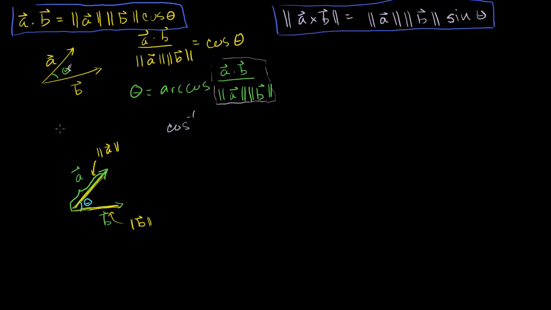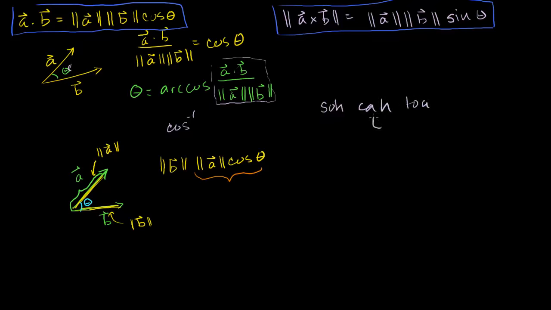Let me write it as the length of b, times the length of a, and I don't want to put the dot there, because you'll think it's a dot product, times the cosine of theta. All I did is rearrange this thing here. It's the same thing as a dot b. Well, what is a times the cosine of theta? Let's get out our basic trigonometry tools. SOHCAHTOA.